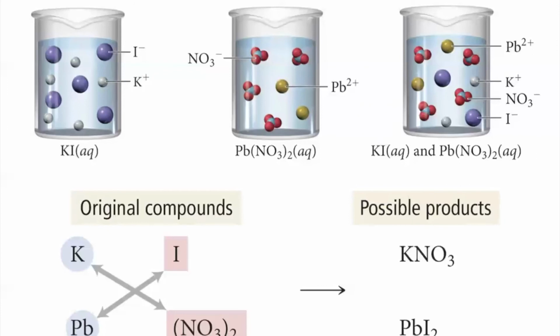Those are your reactants. I will be giving you that. You're going to have to look at the table and see that they're both aqueous. Okay, first thing. Now, how do you predict the products?